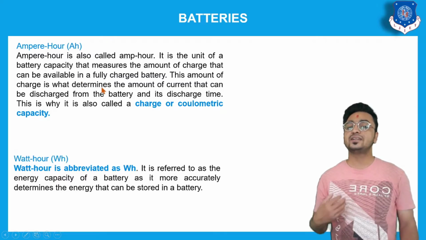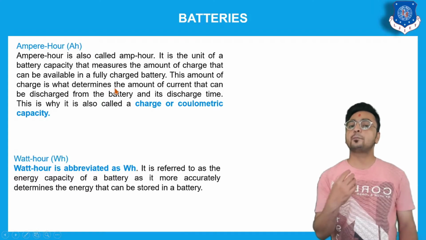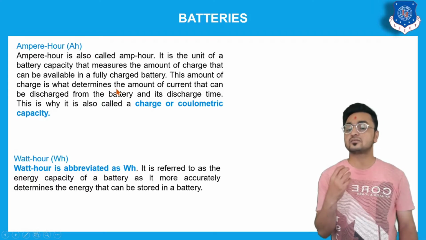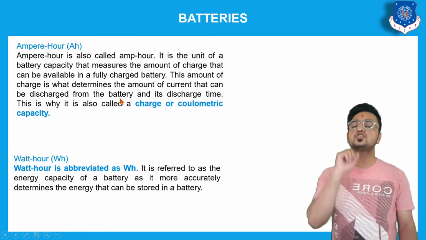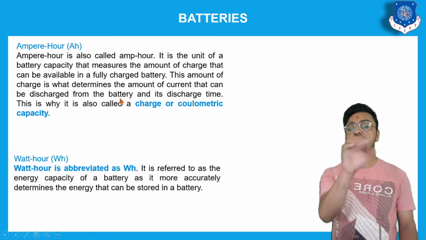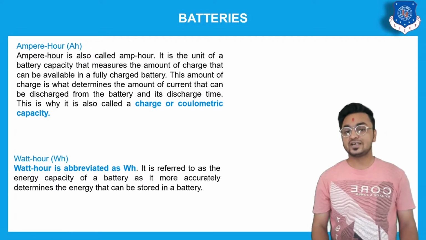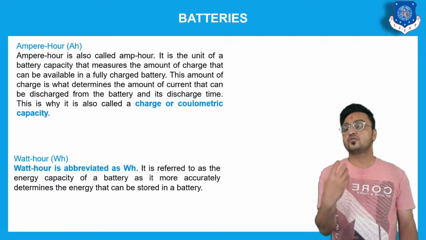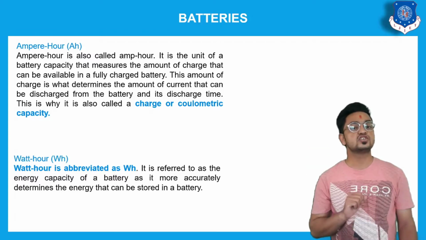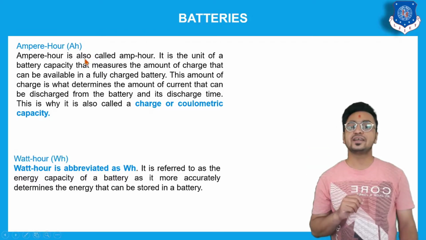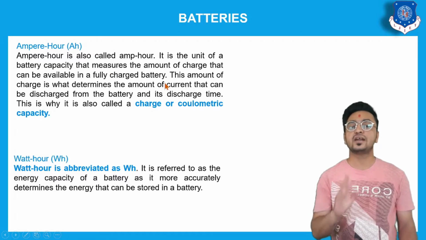And when we define the ratings of any battery in ampere hour, that defines the ratings based on the charge available on that battery. And we define this charge when it is in fully charged condition. So when the battery is fully charged, at that time we calculate its total charge, and that provides the ampere hour rating of that battery.